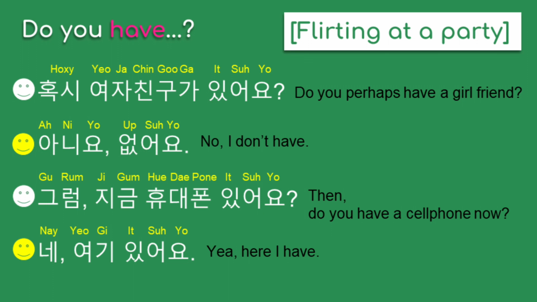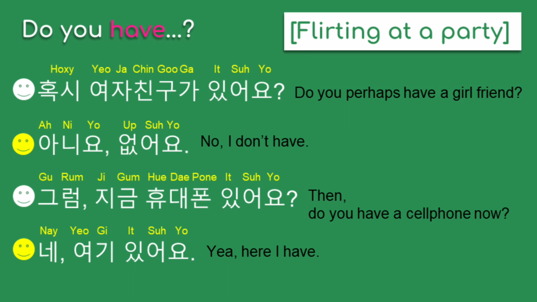Now, let's do a role play. So I'm gonna read the white smile part and you're gonna read the yellow smile part. Let's go. 혹시 여자친구가 있어요? Your turn. 그럼 지금 휴대폰 있어요? Your turn.